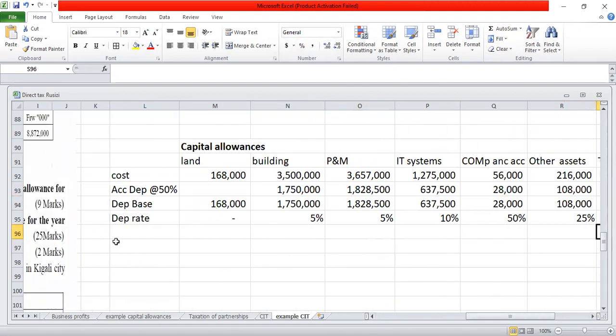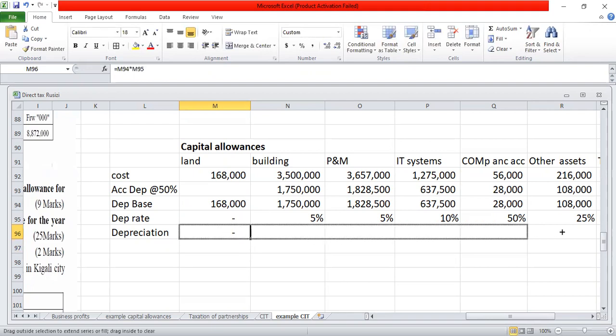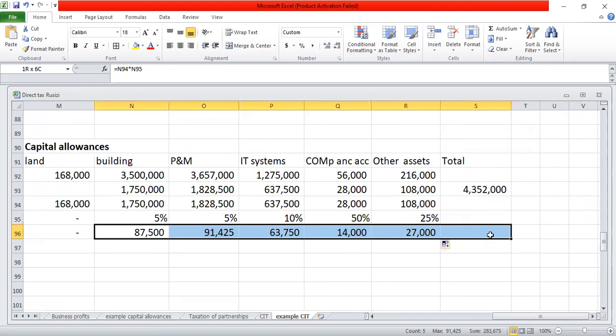Now I go to the depreciation. So of course here it will be 0. What is it? So then I can add to get my total depreciation here.